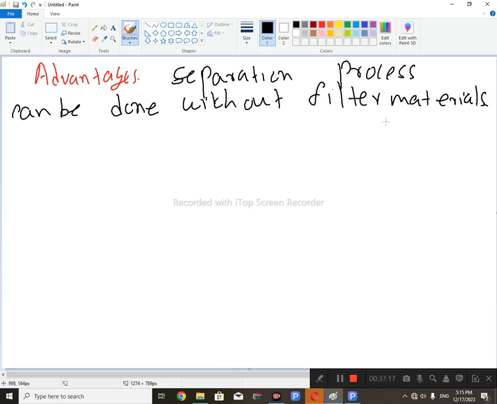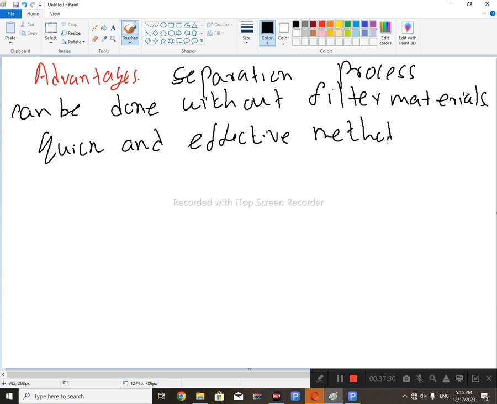Quick and effective method of size separation.